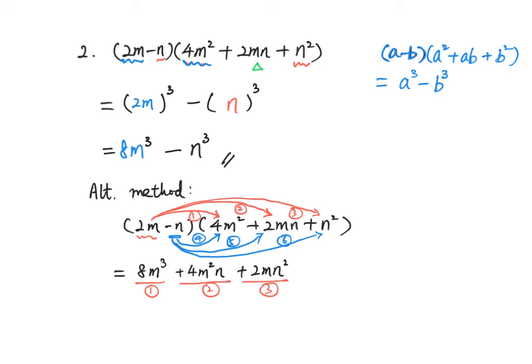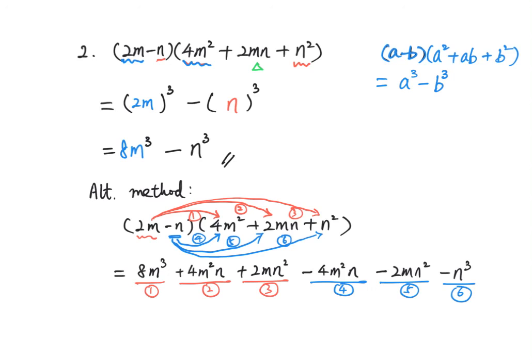And the fourth term, negative n times 4m², so this is negative 4m² n. This is the fourth term. And then negative n times positive 2mn, which is negative 2mn². This is the fifth term. And the sixth term, negative n times positive n², so this is negative n³. This is the sixth term.